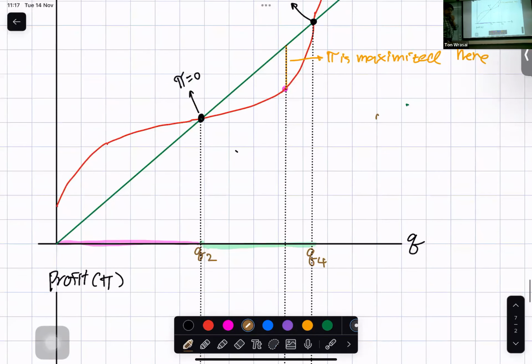Okay, Q3, it's here. The production level that maximizes profits is at Q3, where we found the biggest vertical difference between revenue and cost here. By the same manner, you can also identify the Q that generates the biggest loss somewhere here.